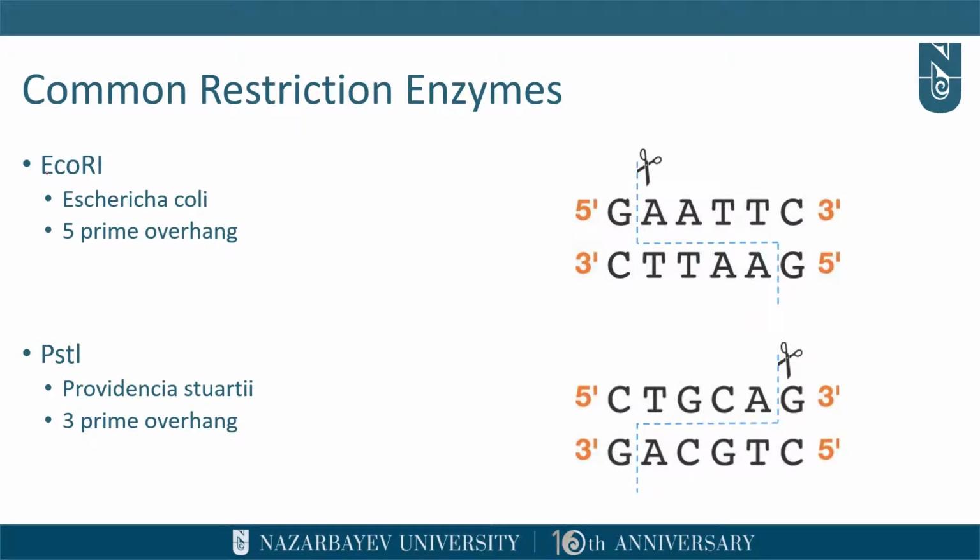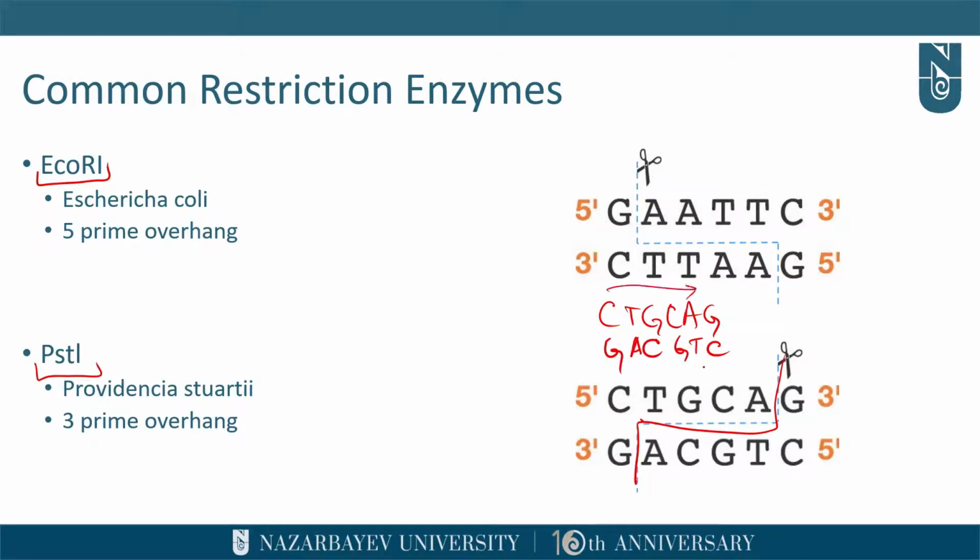In contrast to the EcoRI, we have the PstI, and PstI produces the 3' overhangs, and the sequence is CTGCAG. So if you create the palindromes, it will be CTGCAG.